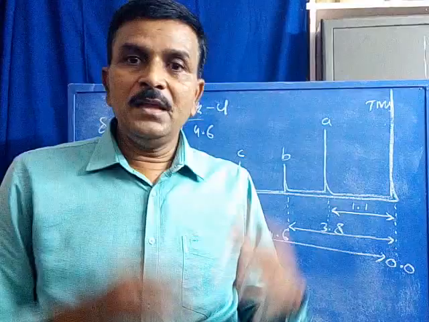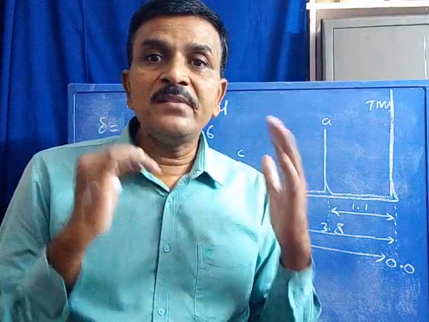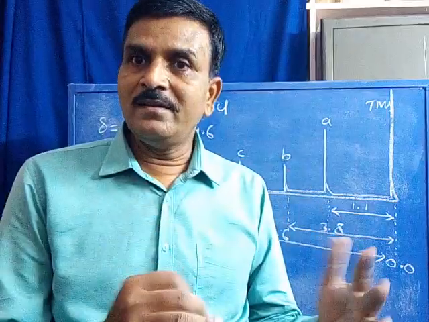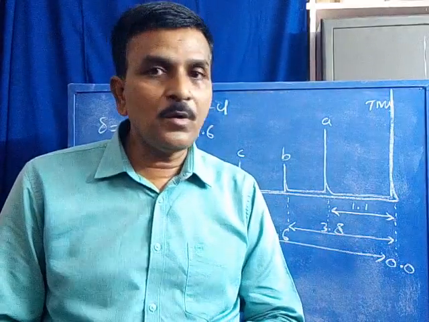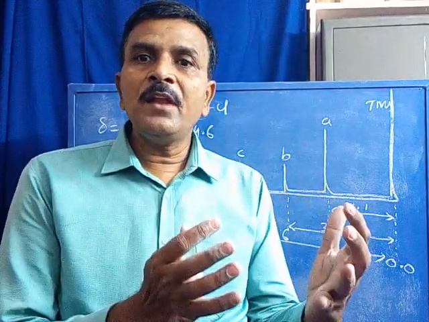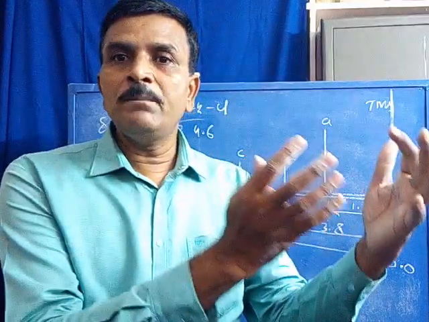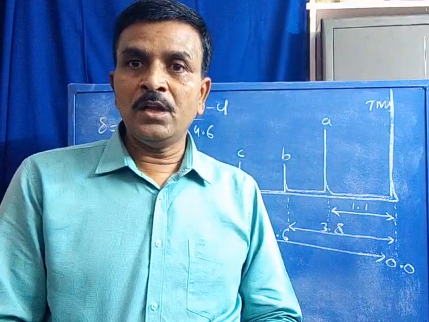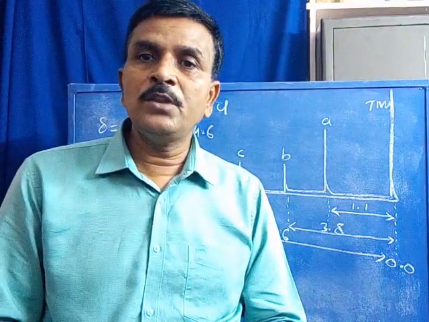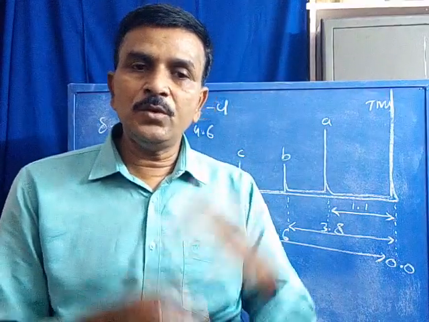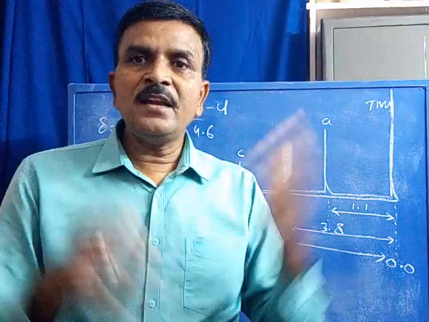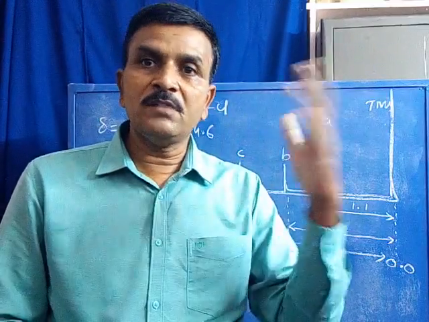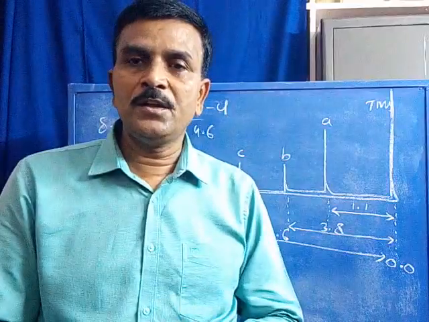But the absorption frequencies depend upon the chemical environment around the proton, that is, the electron density around the proton. The chemical environment around the protons of TMS is different from the chemical environment around the protons of the sample. Take any two molecules, there is a difference in the chemical environment or electron density around the protons of one molecule to that of the other molecule.